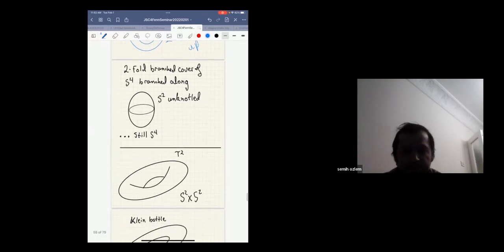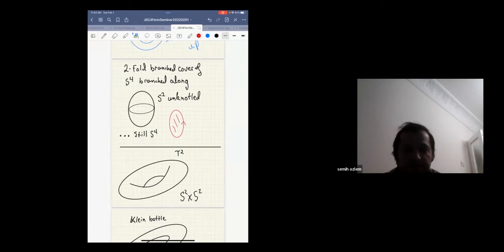So we can look at the twofold branch cover of S4 branched along the 2-sphere, an unknotted 2-sphere. Well, that's still S4. That's analogous to our previous pictures, which consisted of a disk or simply an arc, as long as you put some outward pointing orientation on that thing.